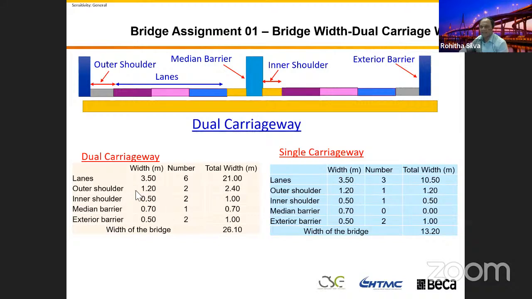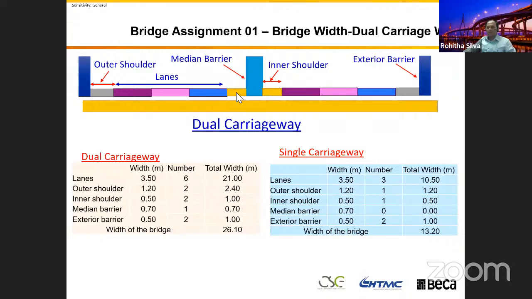It could be as much as 2.5 or 3 meters if you use this as a shared user path. Here with 1.2, we don't allow people to walk or ride a bicycle, and the alignment is more or less straight as well. Then 1.2 with 2 outer shoulders works out to 2.4.